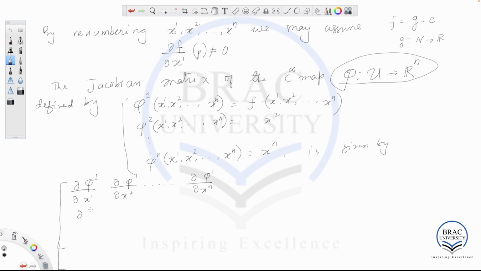The second row is del phi 2 by del x1, del phi 2 by del x2 all the way up to del phi 2 by del xn. And finally I have del phi n by del x1, del phi n by del x2 all the way up to del phi n by del xn.